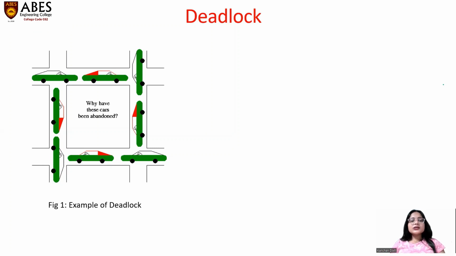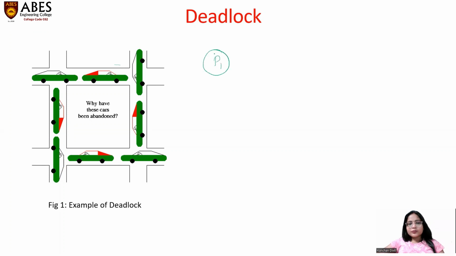This condition is called deadlock, where two processes are conflicting for the same resource at the same time, but neither is able to get that resource. This situation arises with the help of mutual exclusion. This is a big problem in process synchronization when two processes are trying to access a particular resource. So let us take an example.